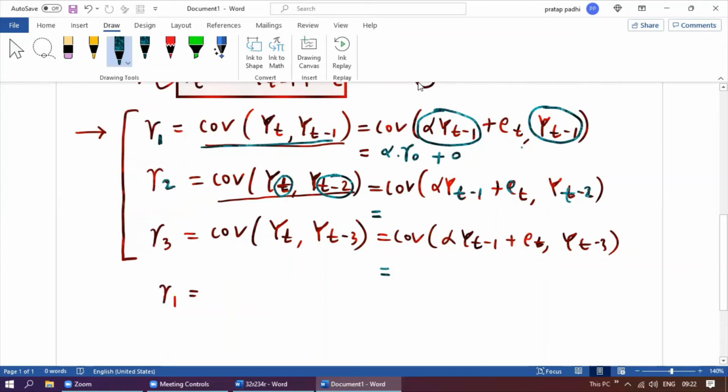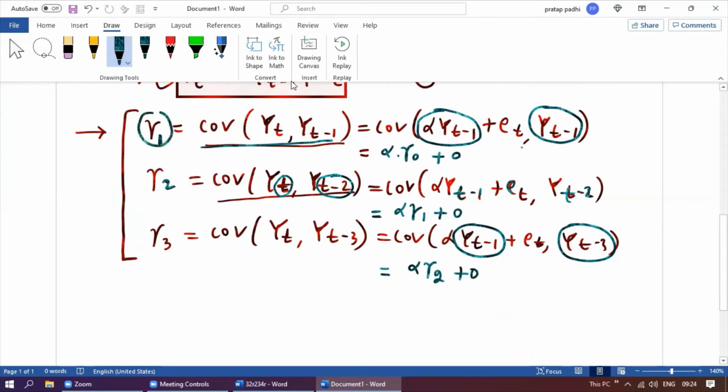And here covariance of alpha yt minus 1 yt minus 2, that will be alpha gamma 1 plus et with yt minus 2, 0. And here if you see the difference between t minus 1 and t minus 3, yt minus 1 and yt minus 3, the difference is 2 here. So alpha gamma 2 or minus 2, whatever you write, they will remain the same, plus 0.